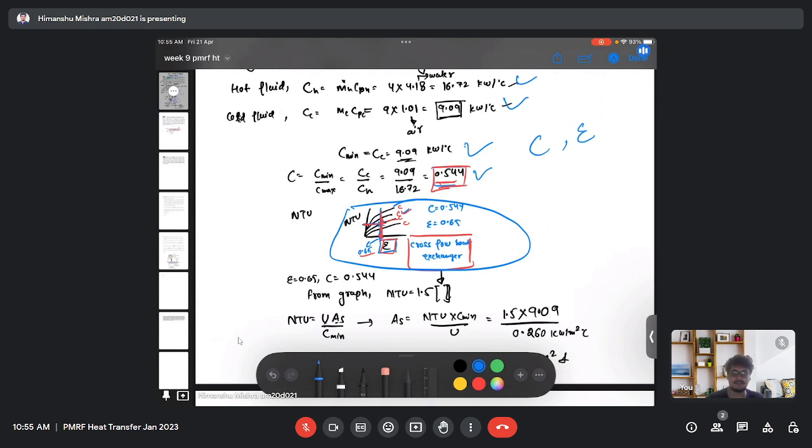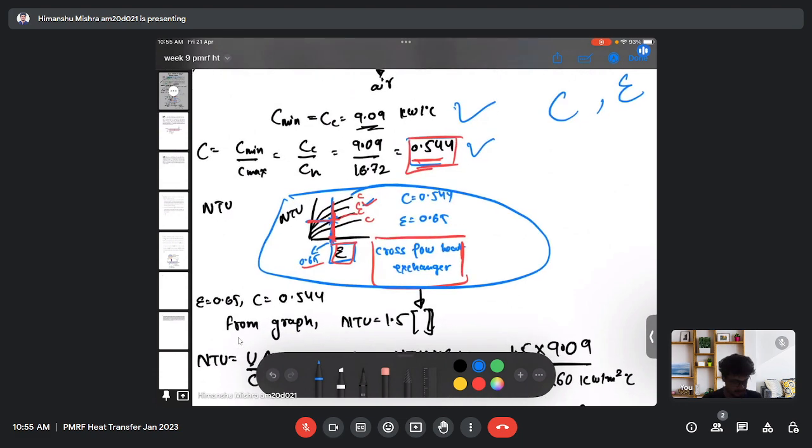If the heat exchanger is a parallel or counter flow, then we might use the analytical or semi correlations to find the NTU. But for the cross flow, it is always suitable to use the plots, because we don't have an easy expression to calculate the NTU.